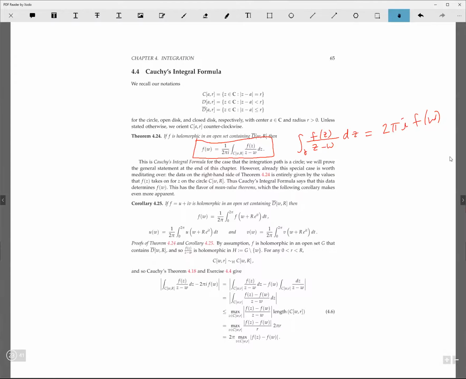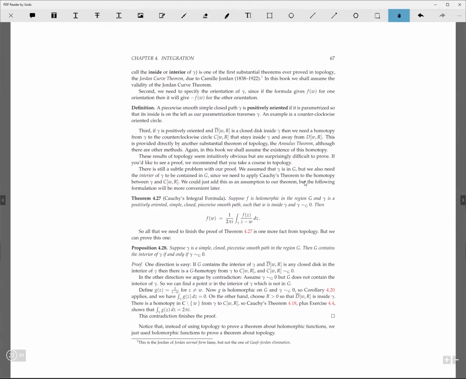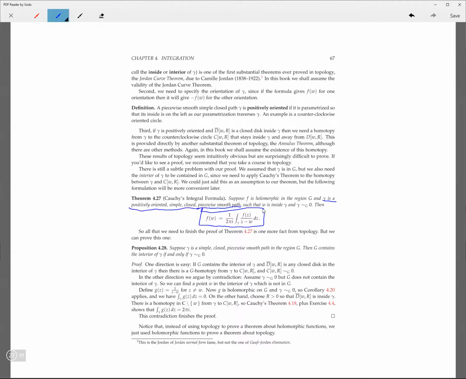However, it later changes to this. It just has to be a positively oriented, simple, closed, piecewise smooth path, and w is inside gamma. f is holomorphic in the region G. Then you have that, which translates to this right here.